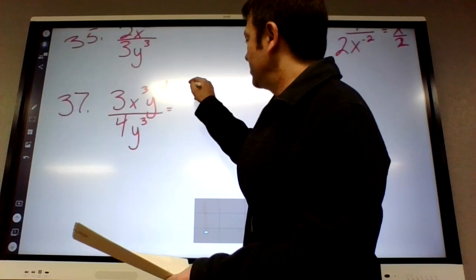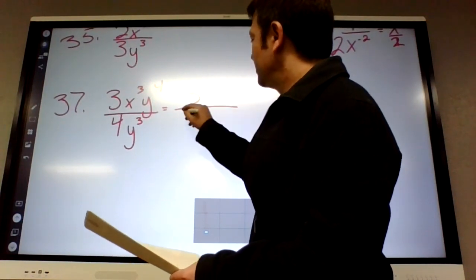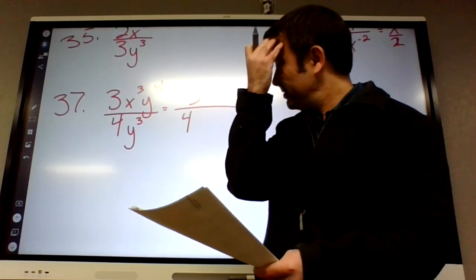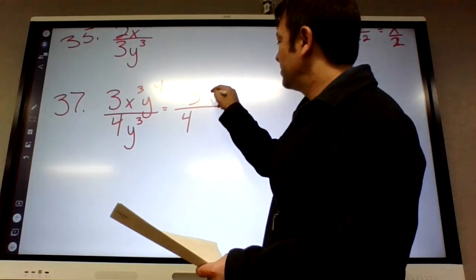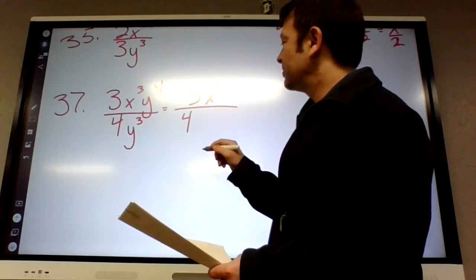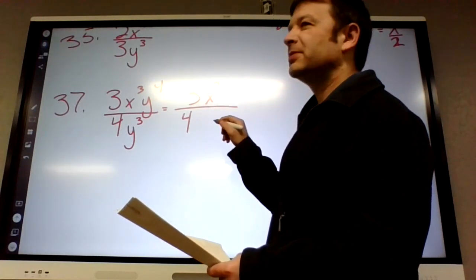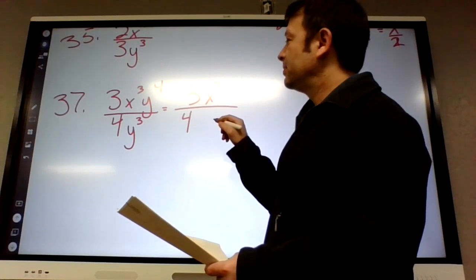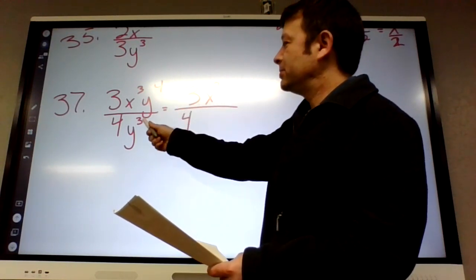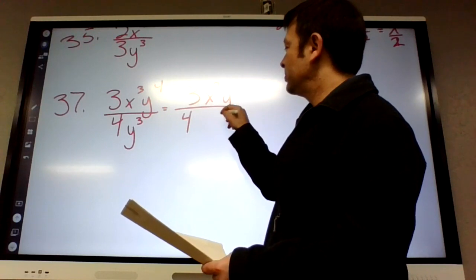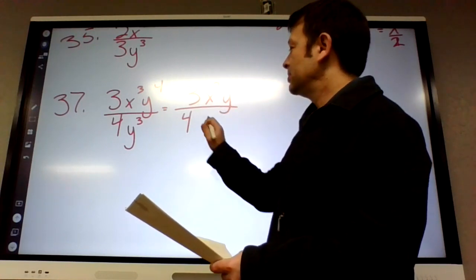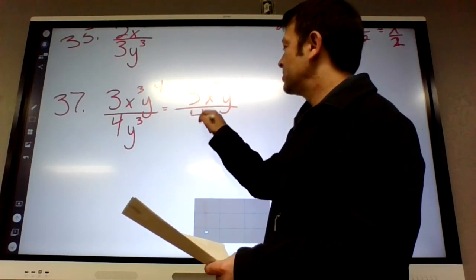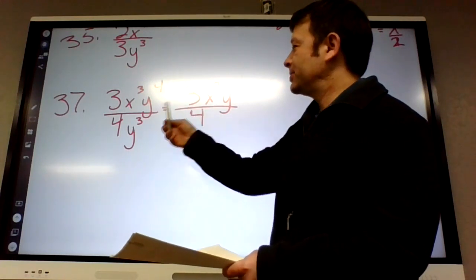Just leave 3 and 4 alone. That'd be x to the first and y, or what is this? This is y. Yeah, it's y to the 1, which is just y. Oh, because 4 minus 3 is 1.